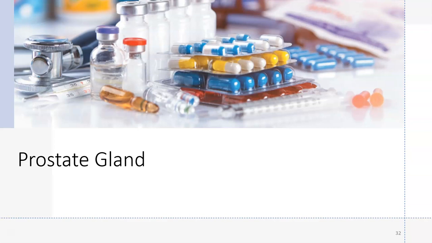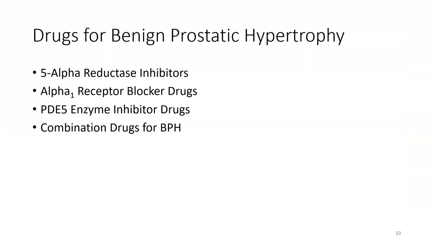Diseases that affect the male prostate gland include benign prostatic hypertrophy. So this is non-cancerous, benign, and it's overgrowth. The prostate gland has swollen. BPH is common in men over the age of 50, with the incidence increasing with age.